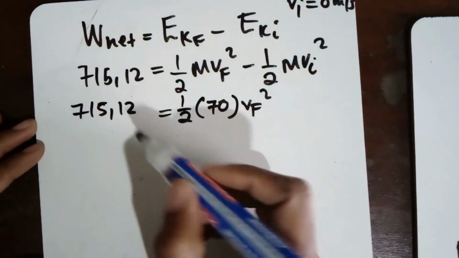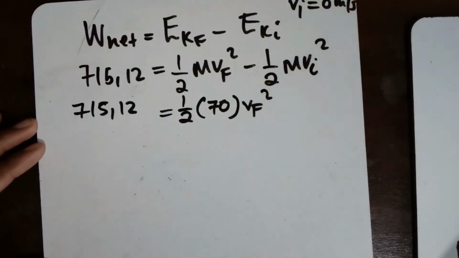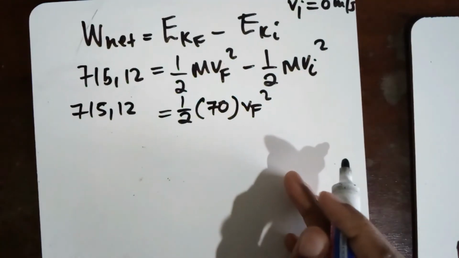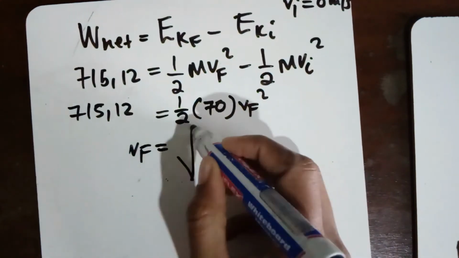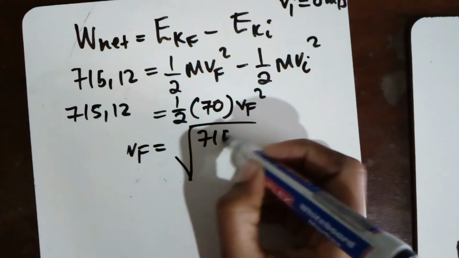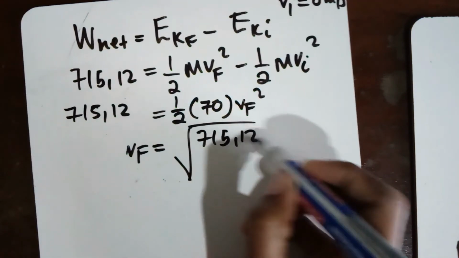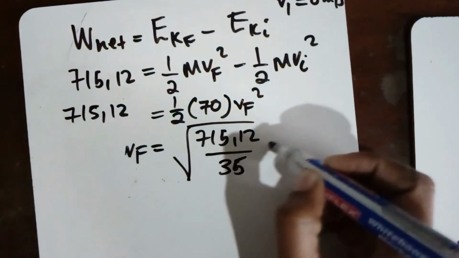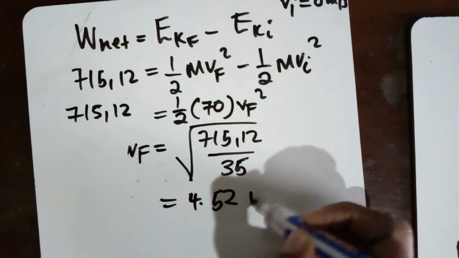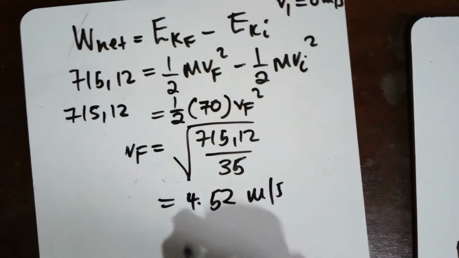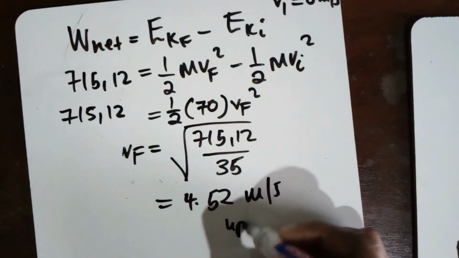A half of 70 is 35, and you put this entire thing in a square root, you get an answer of about 4.52 meters per second. It's positive, meaning it's going up the slope.